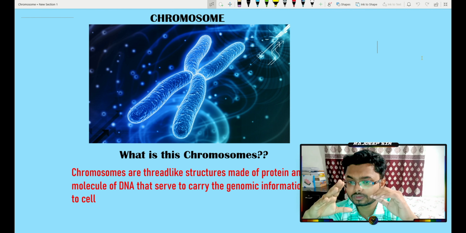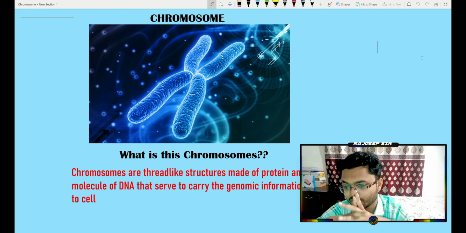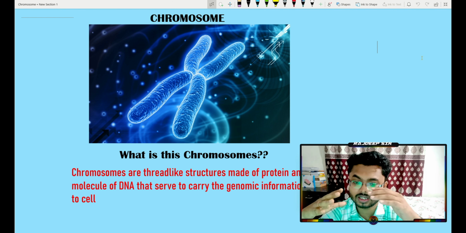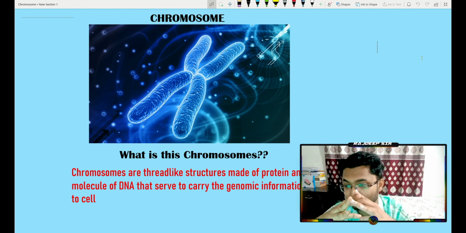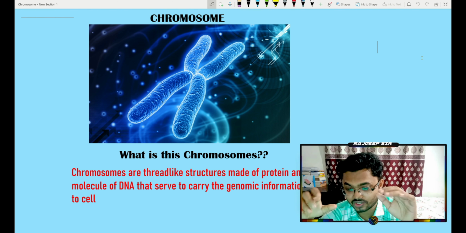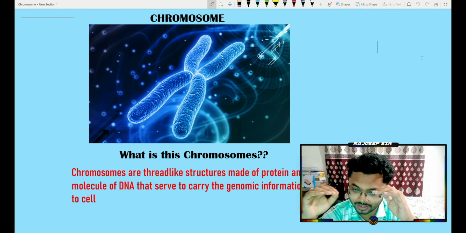These chromosomes are remarkable structures. They are the reason why we are evolving from one generation to the next. This normally contains our basic DNA structures, the repeating units that we have studied earlier also. So today we are also going to learn about that.